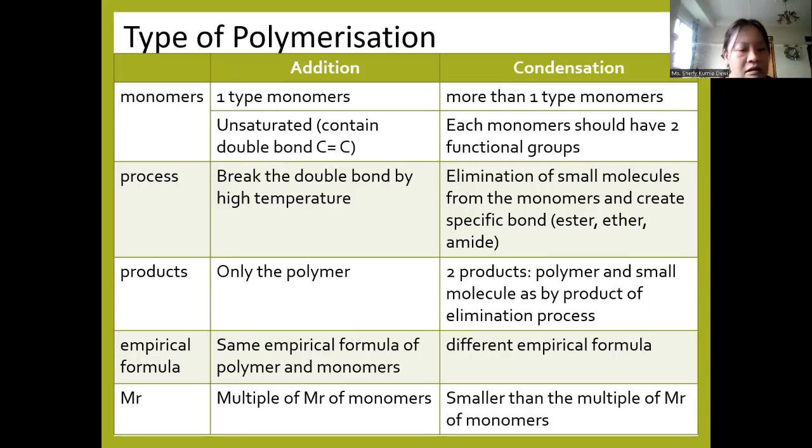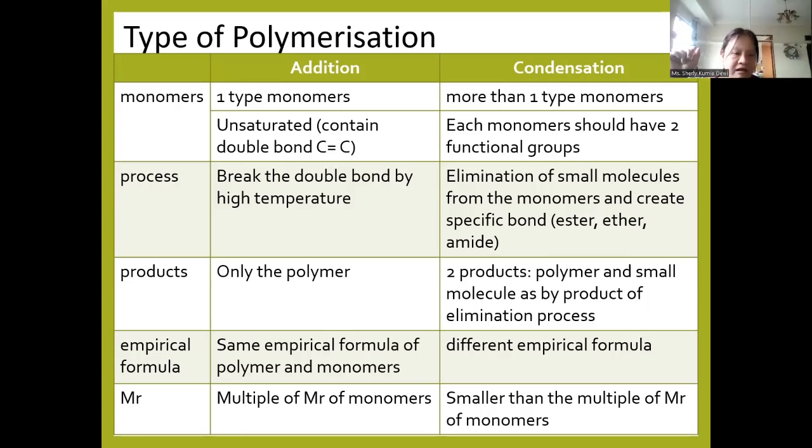The empirical formula is the simplest formula, right? In addition polymerization it is the same as the monomers, but in condensation, remember, because of the removal of a small molecule, it will have a different empirical formula. Usually there is a deduction.